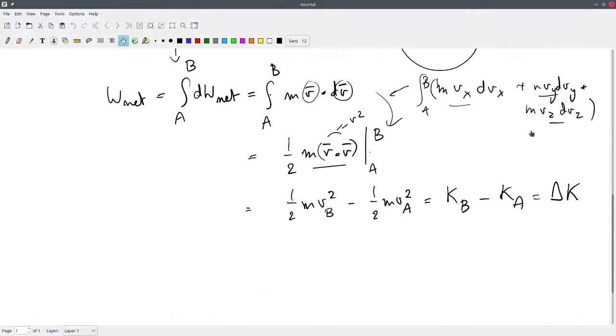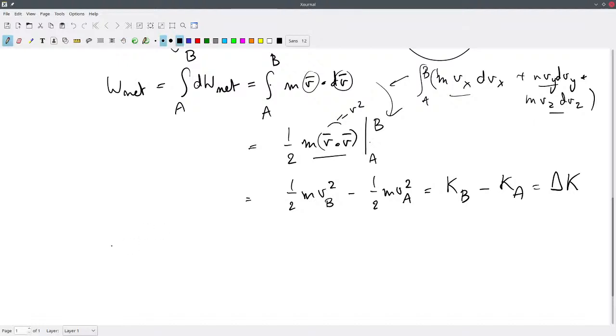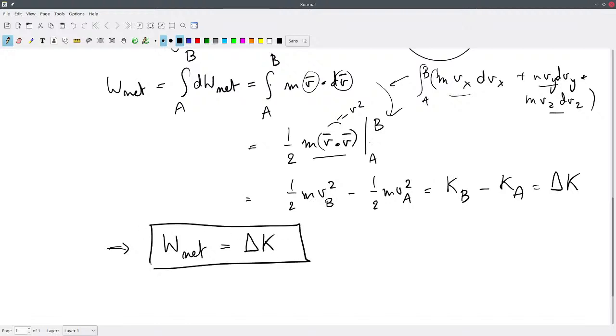In any case, the conclusion, which is the work energy theorem, is that the net work, or in other words, the total work done by the net force, is going to be the change in kinetic energy.